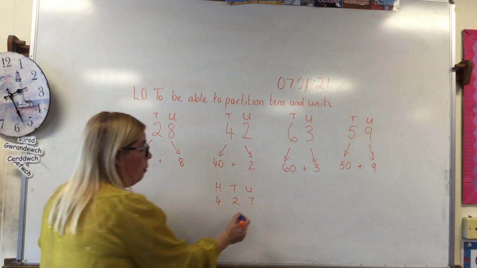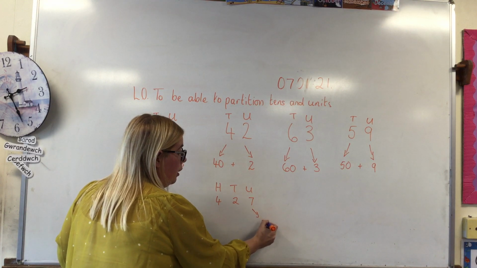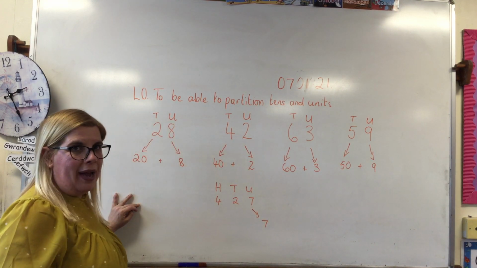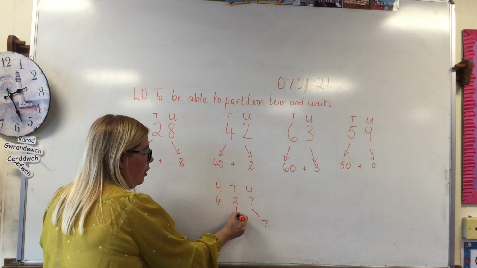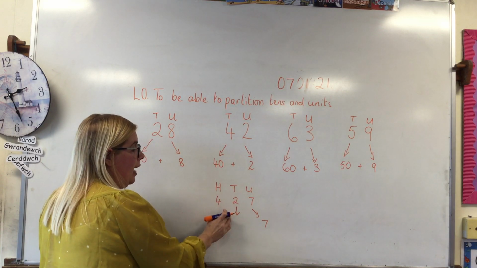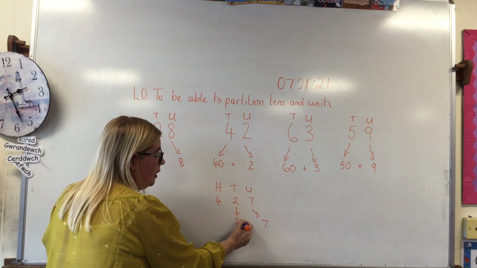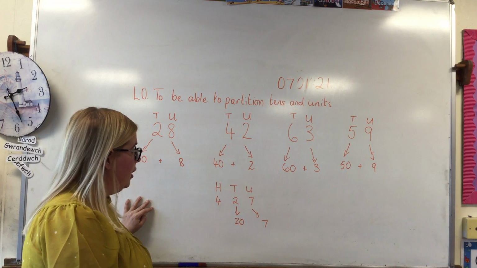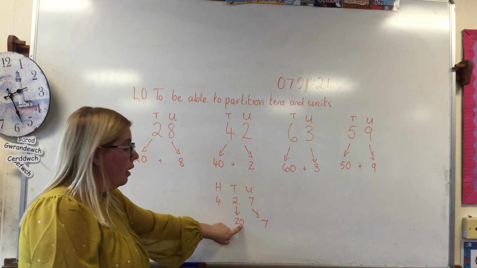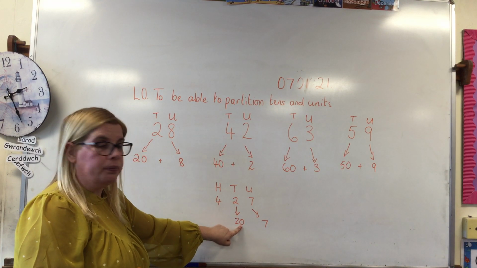So this time I've got my unit, which we all know is a number on its own. We don't do anything to it, okay? We've got the tens column, which are 2 tens, and 2 tens we know are 20, and we know that if we're struggling with our 10 times table and counting in tens, all we do is take the number and add a 0 on the end.